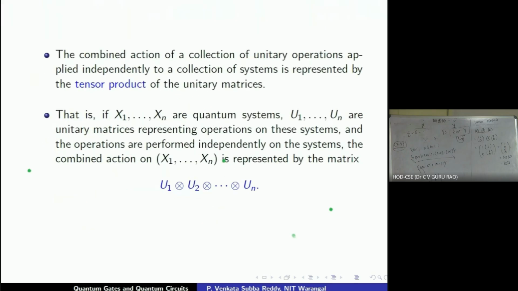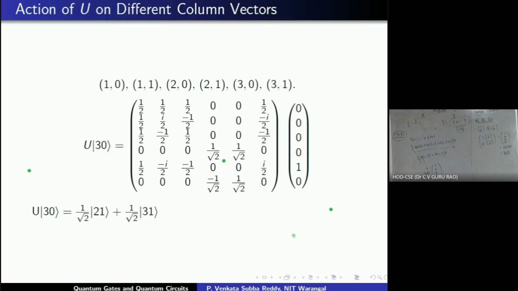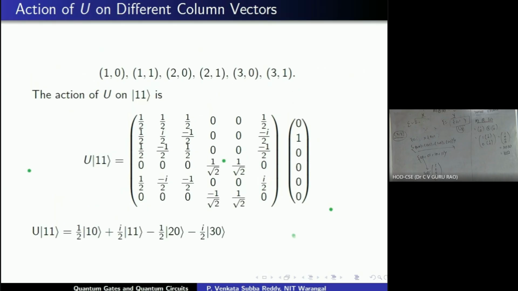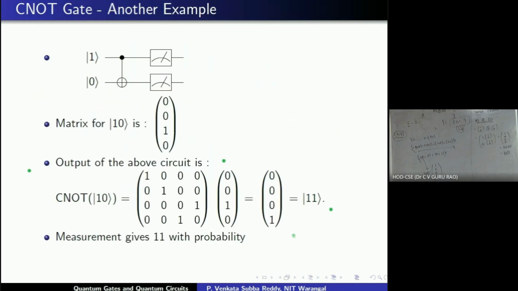Now we'll try to understand 2 qubit operation. 2 qubit operation means what is the corresponding matrix? 4 by 4 matrix. And that operation we have already seen.